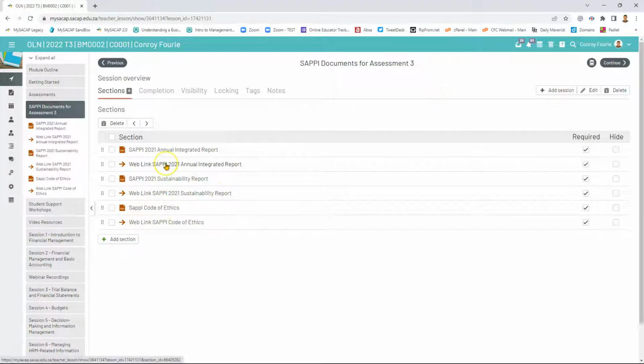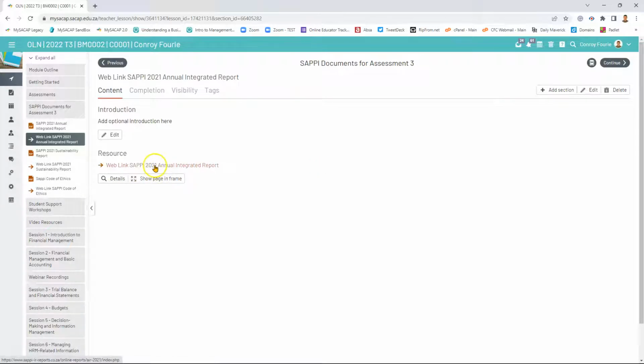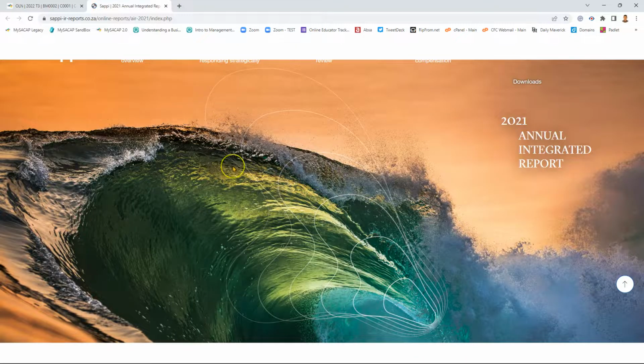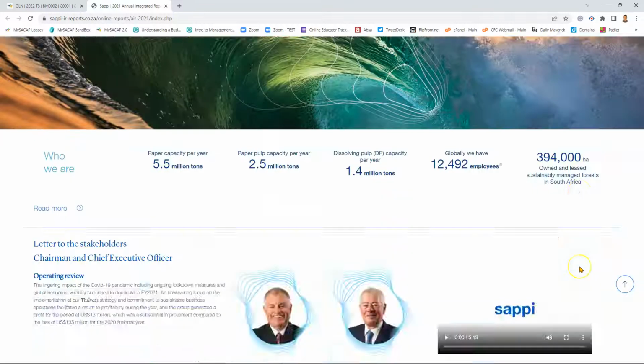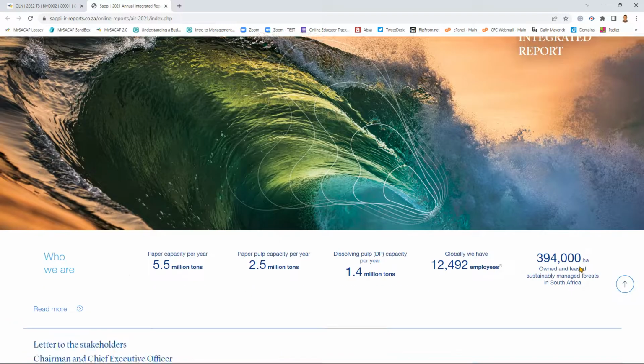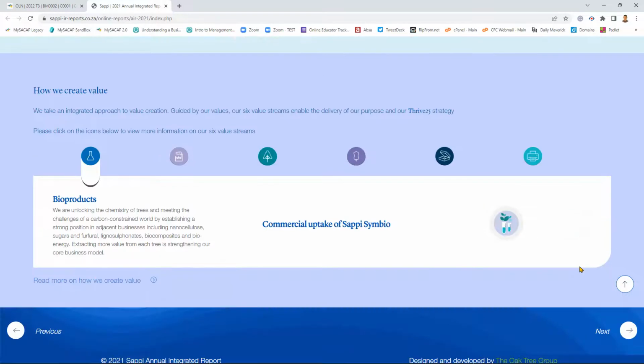So for example, if you go to the Annual Integrated Report and you click on that there, it takes you through this very creative page here, which is called the Annual Integrated Report. And from this you can do downloads, and then the headings over there, and it gives you all sorts of information over there.